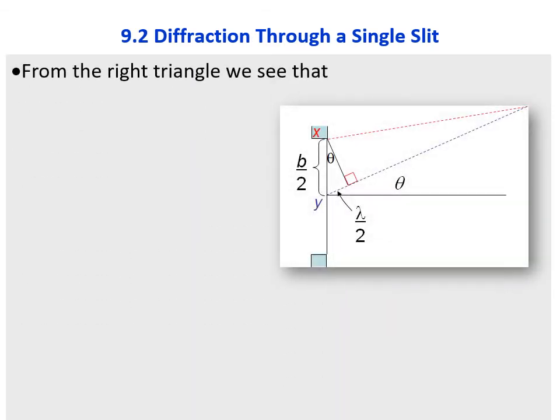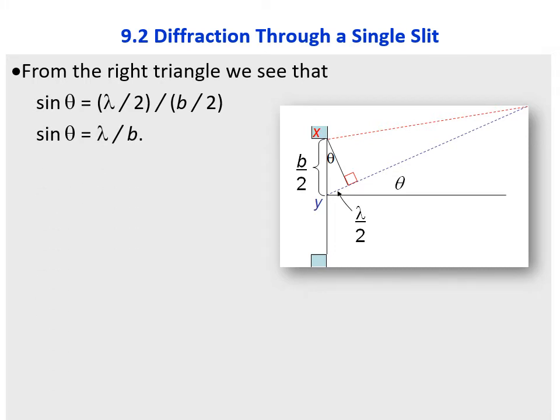So if we continue to analyze this right triangle, we have theta, we have b over 2, we have a path difference, lambda over 2. This we can use: sine theta is equal to the opposite side, lambda over 2, divided by the hypotenuse. This is b over 2.